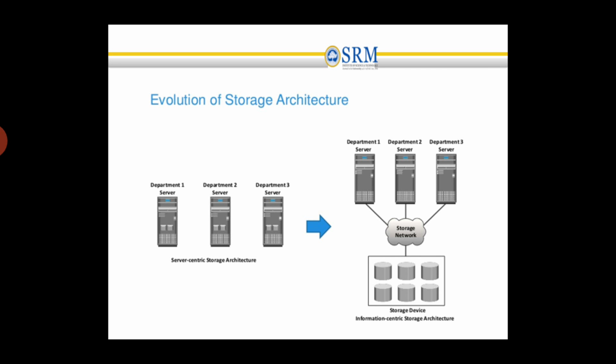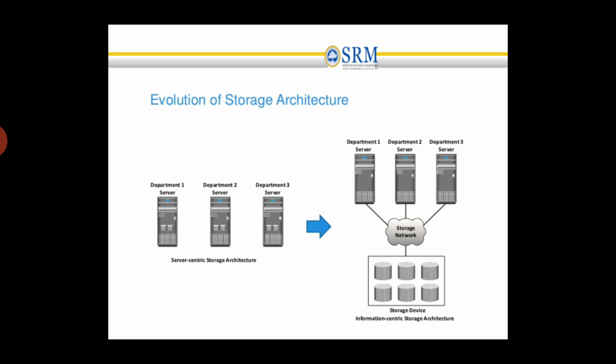I can divide the information into three different storages, and each storage is used for one particular department's access. I'm not going to classify any information inside this server 1.